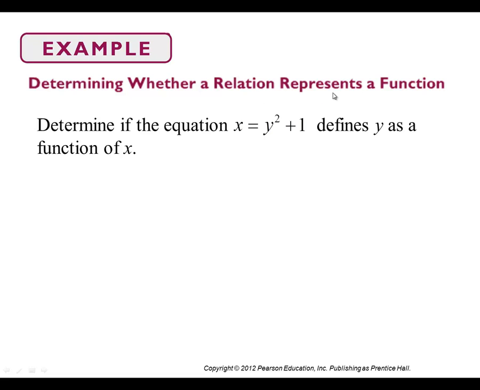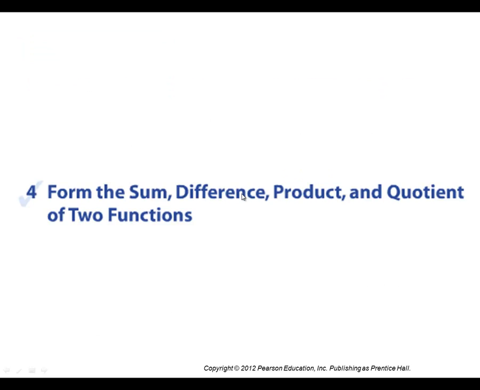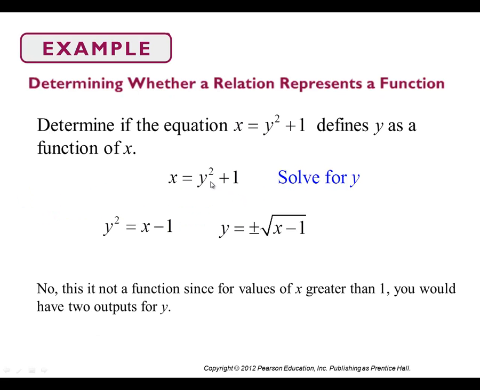Determine whether a relation represents a function. Now, anytime you see a y squared, it is not a function. So why is that? Well, if we were to solve for y, we could see that you're going to get 2 values.